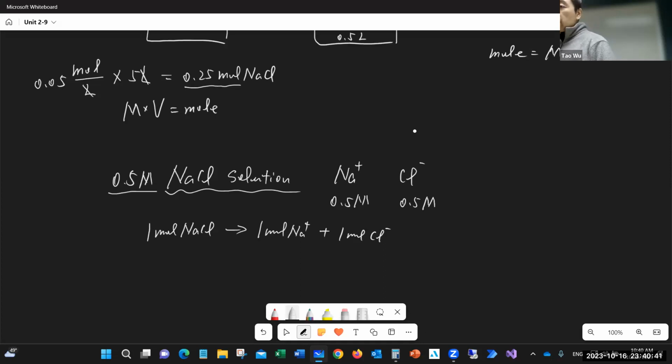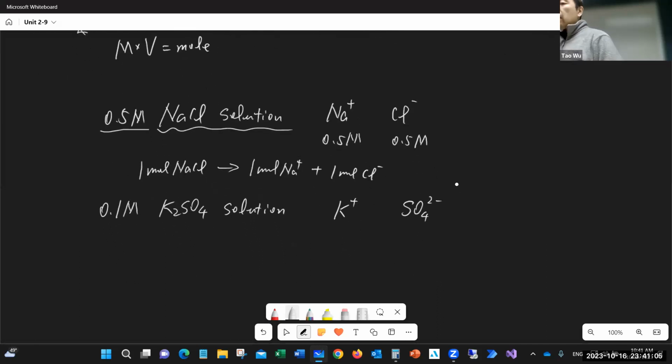Or for example, if you have a 0.1 molar potassium sulfate solution, then what is the concentration of potassium ion? What is the concentration of the sulfate ion? Again, you can predict that just based on the concentration.